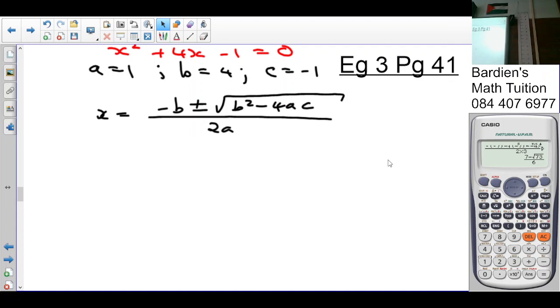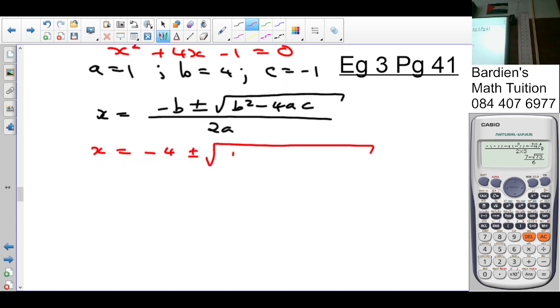Right, so what do we get? 8. You're doing the substitution now, okay? So x is equal to negative 4 plus minus the square root of 4 squared minus 4 times negative 1 over 2 times 1.